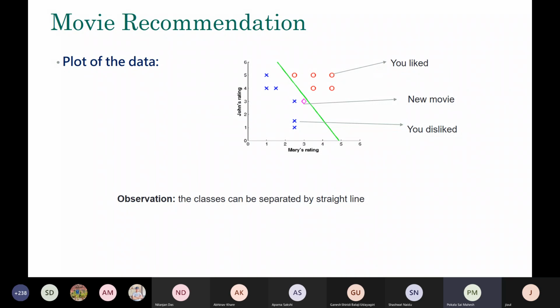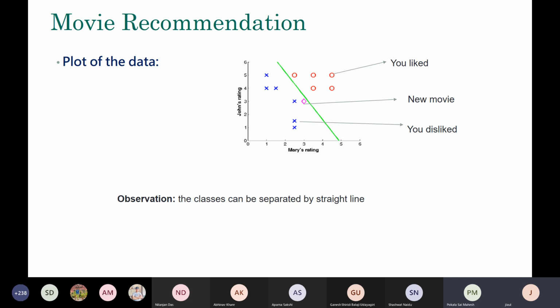Now it looks like this data is linearly separable. That means if I can find a good straight line separating these two classes, then I know for a new movie which side it is going to fall on, left or right.